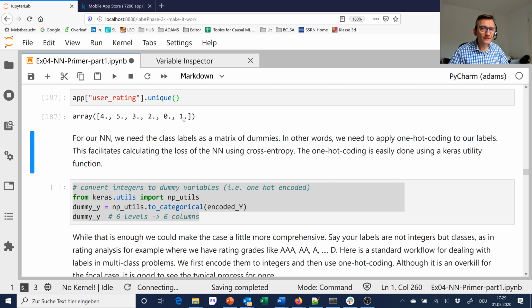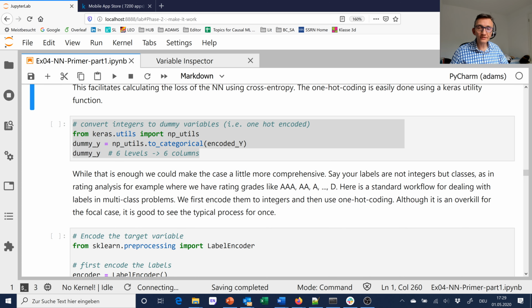And if you remember the structure of the cross-entropy loss that comes later on, it's actually very sensible that we encode our target as a dummy matrix. If we have 6 classes, we should encode Y as a matrix with n by 6 columns, because then we can easily calculate residuals and the cross-entropy loss functions in particular.